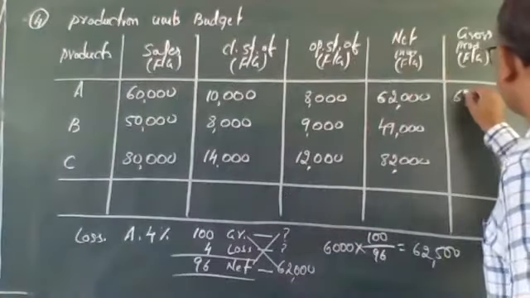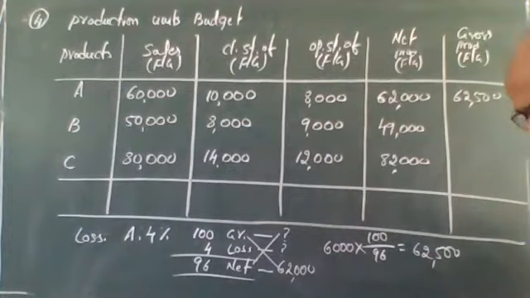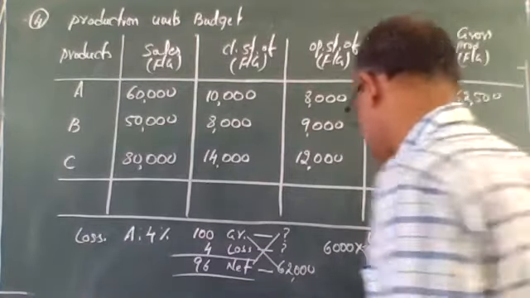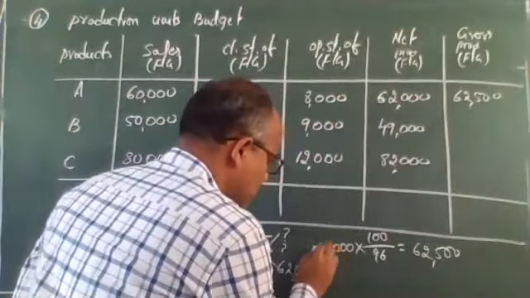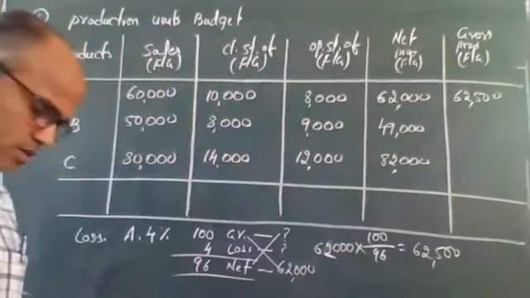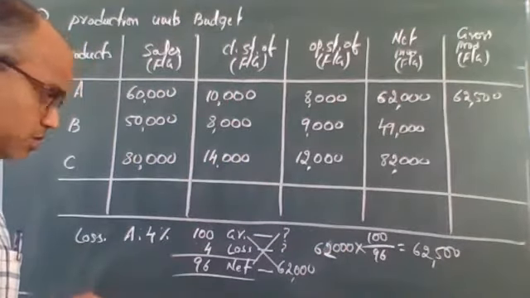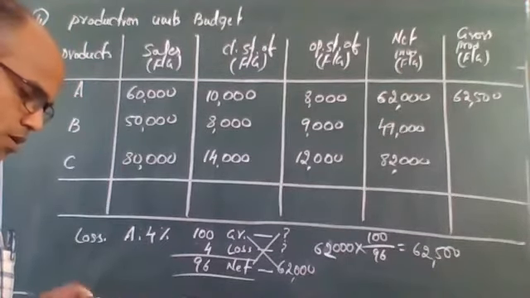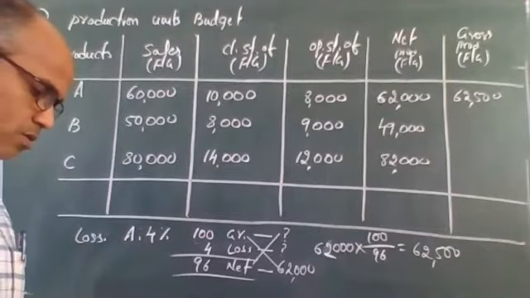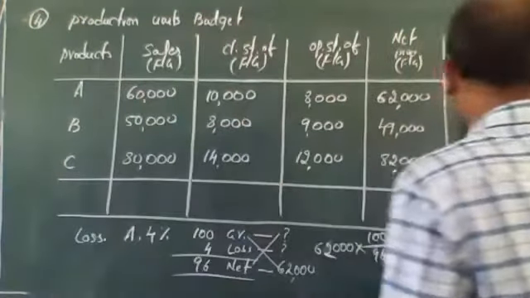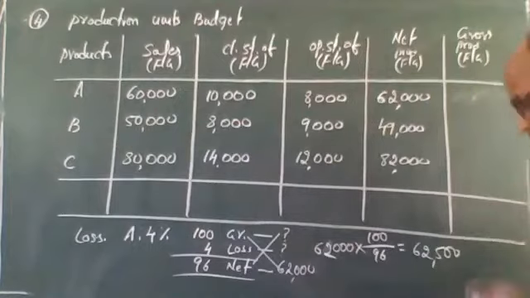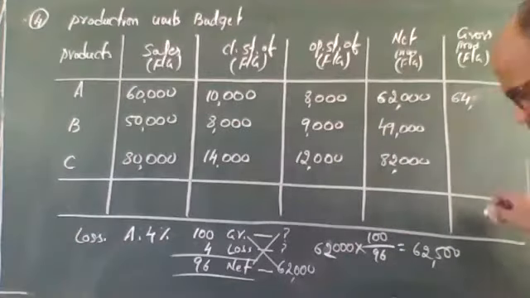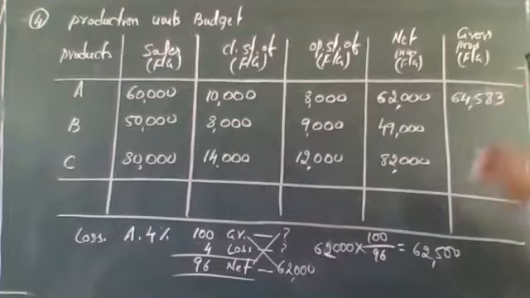Is it 62,500? 62,000. Just a minute, guys. 62,000 into 100 divided by 96. Sorry, it is 64,583 units.